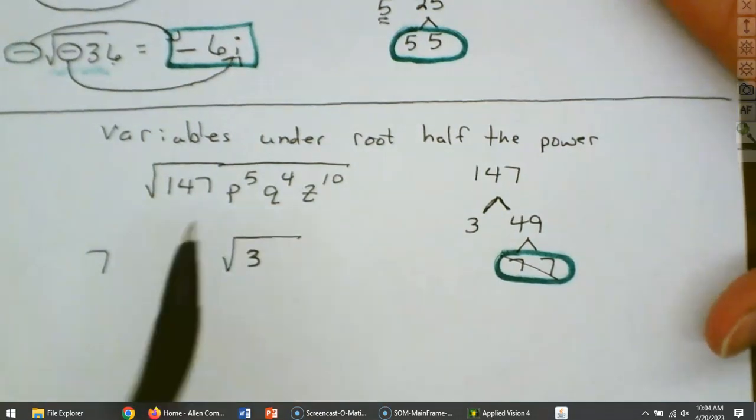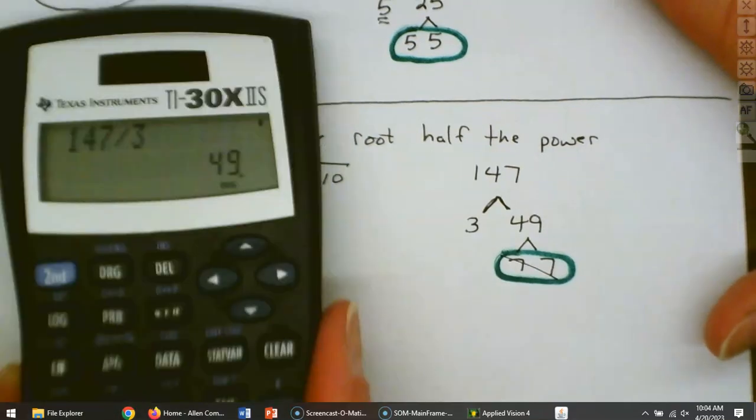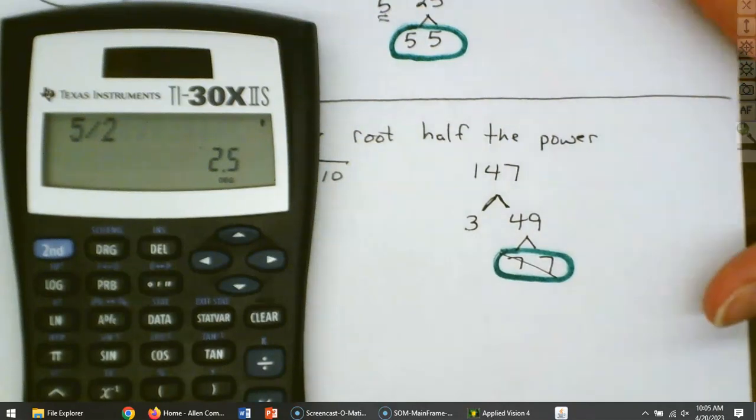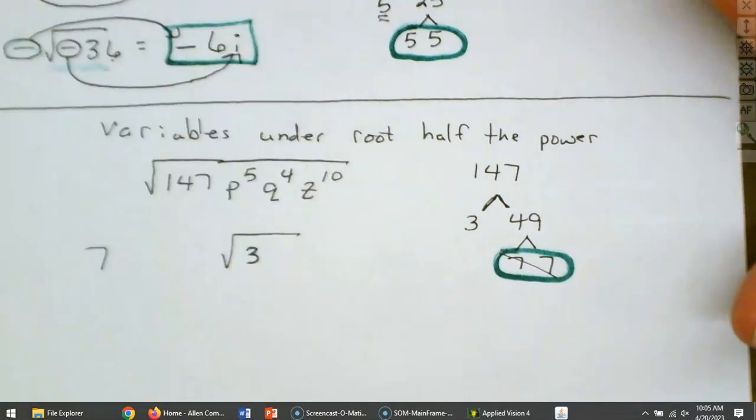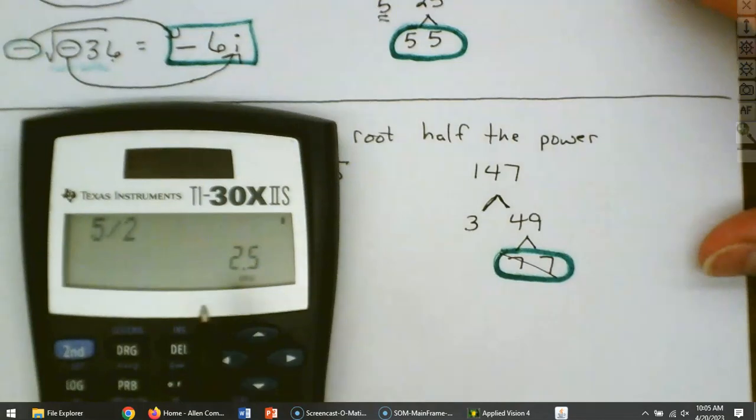Now let's look at our powers. We're going to look at the p here. Well, does 5 evenly divide by 2? Let's try it. 5 divided by 2 does not divide out evenly, right? We get 2.5. So what are we going to do? Well, that 2, the whole number out in front, tells you how many come out, and we have a remainder.